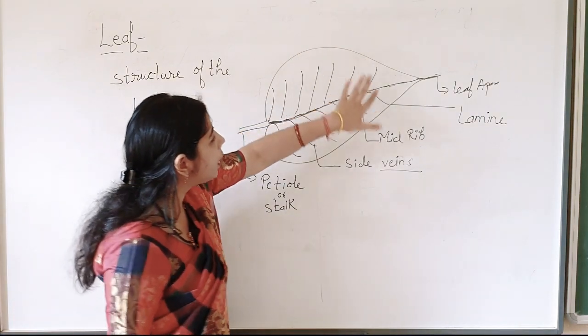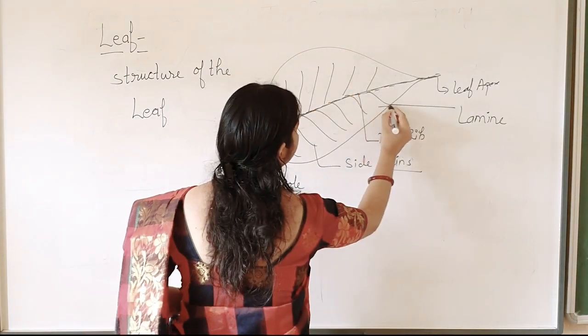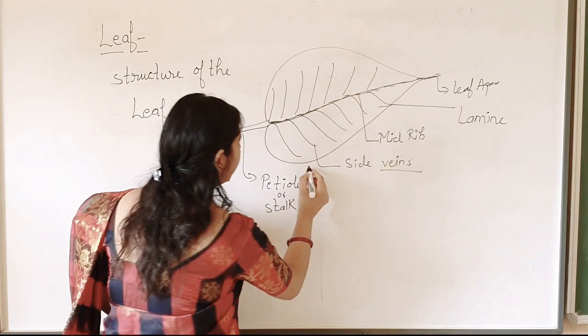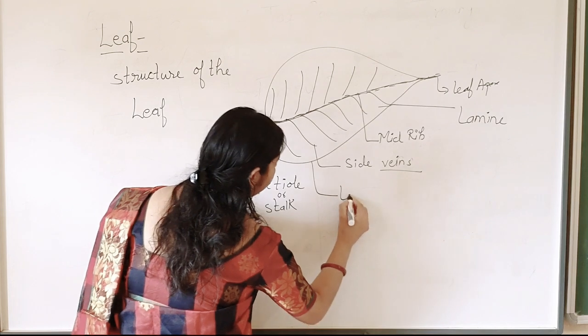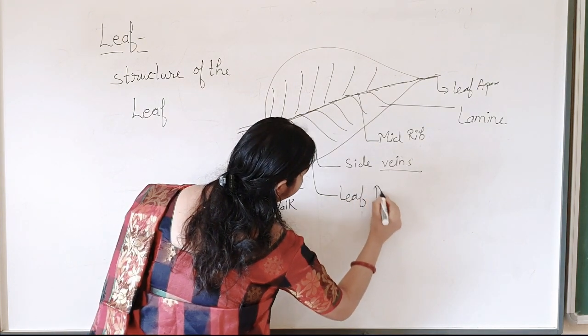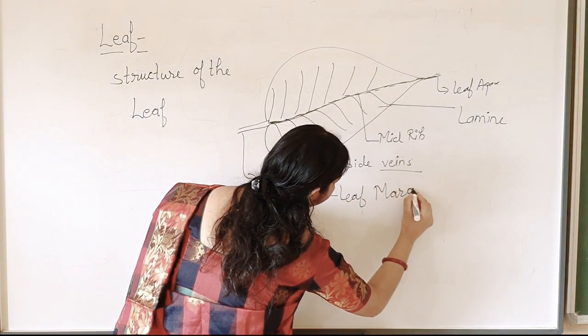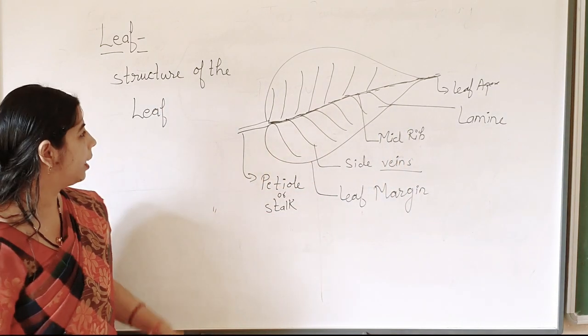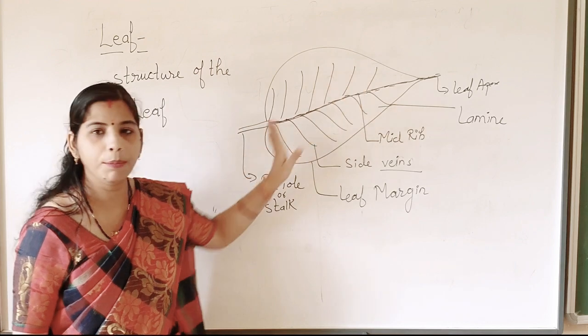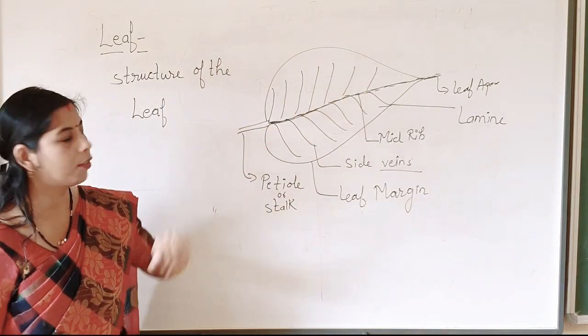And the margin of the lamina is known as leaf margin. I think you all come to know whatever the important parts of the leaf.